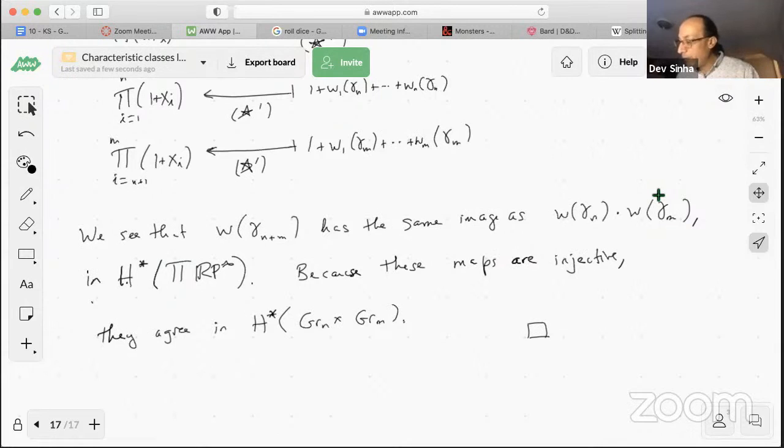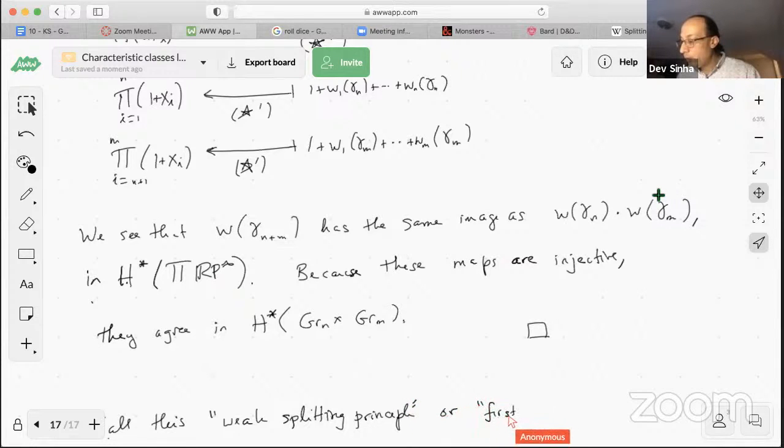I want to give this a name. Well, I want to call this a weak splitting principle, or first splitting principle, or something like that. Or maybe with the usual splitting principle, just another part of it.